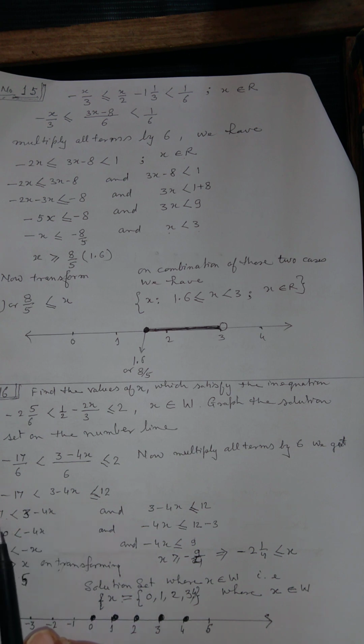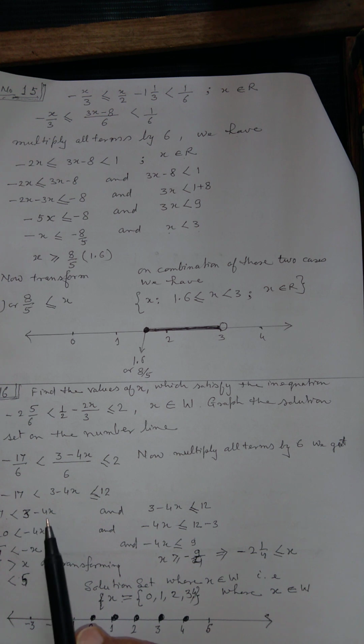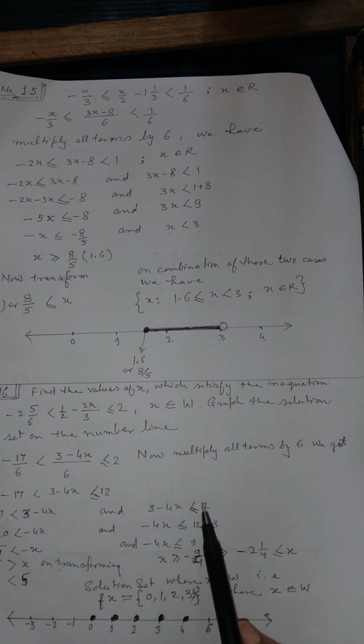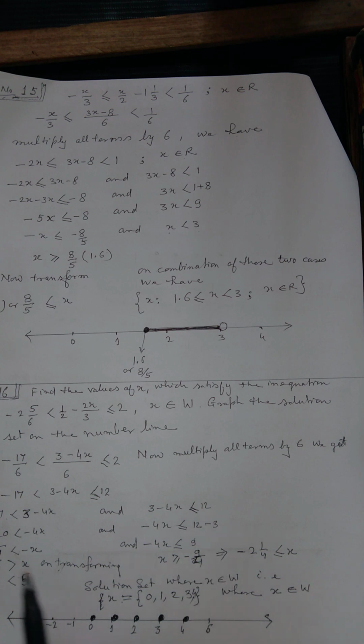In the first part, minus 17 less than 3 minus 4x. In the second part, 3 minus 4x less than or equal to 12. In the first part, we solve further. If we just transpose this 3 to the left hand side, we will get minus 20 less than minus 4x.